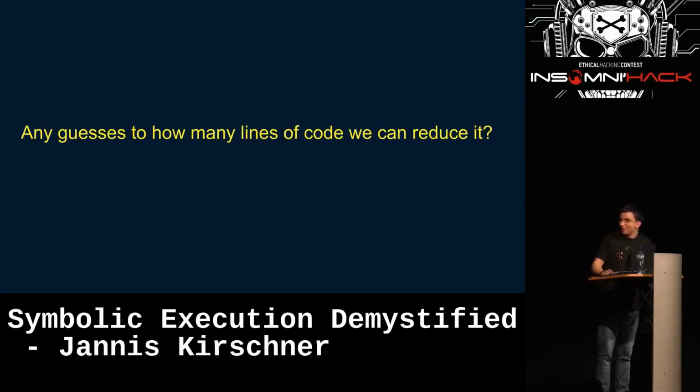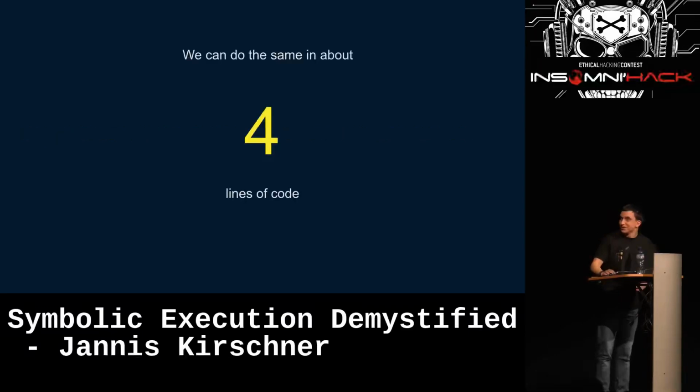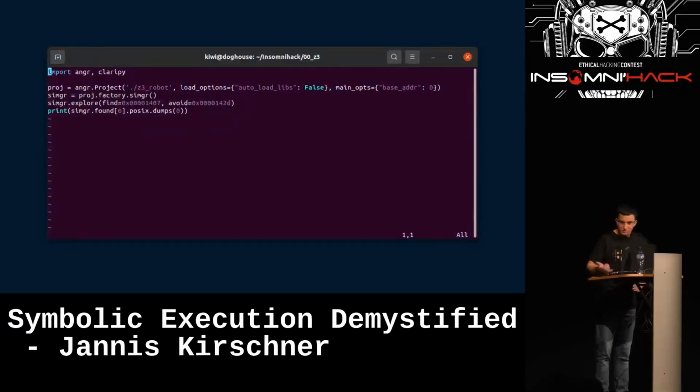One line, possibly, but I say we can do about 4 if we like clean code. So this would be the exact same solution for the exact same challenge, just with symbolic execution. What all this code is doing, we're going to look at in the angr hands-on part.